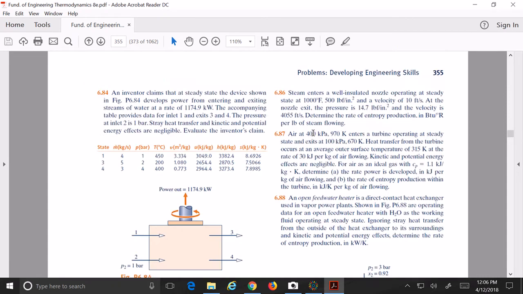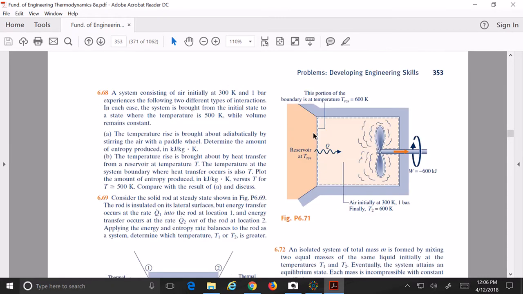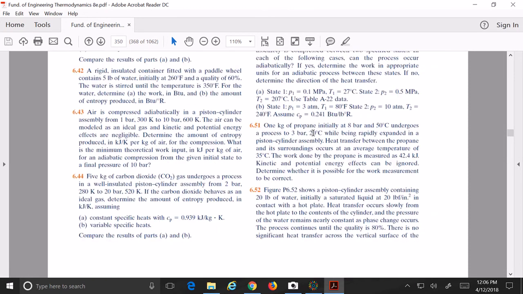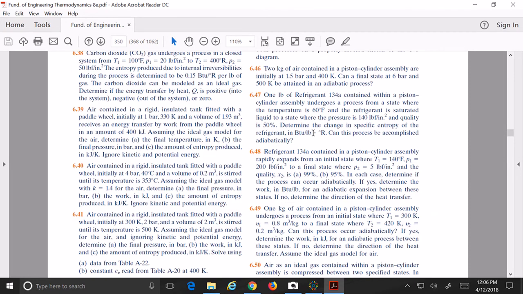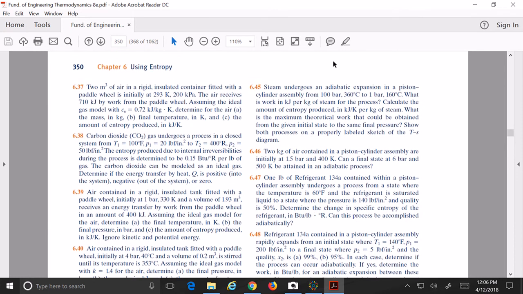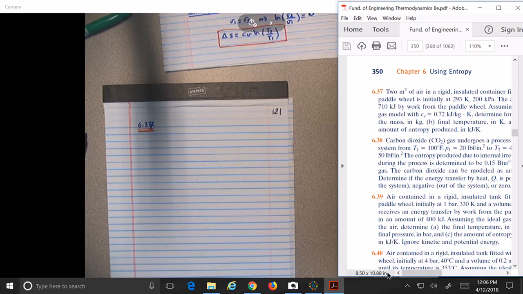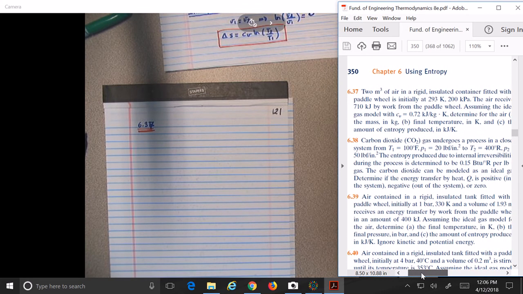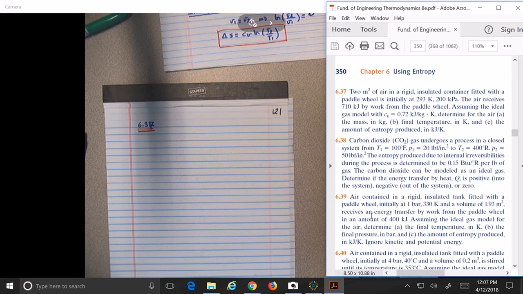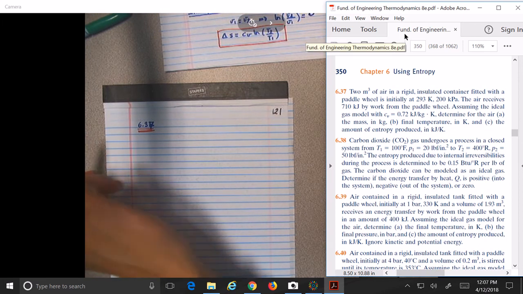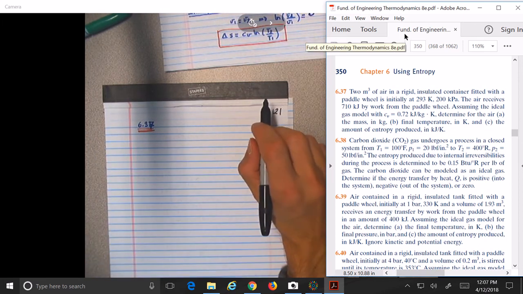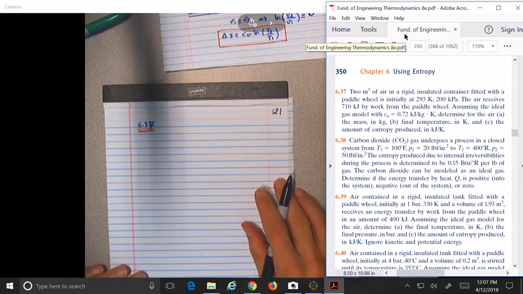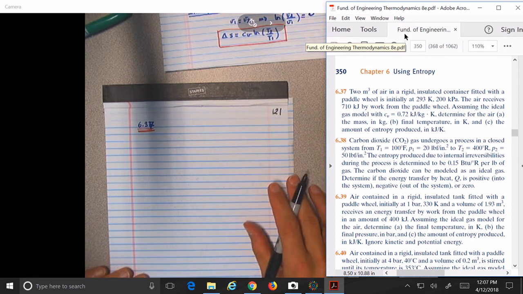Oh, wrong direction. So 637. Alright, so let's see. 2 cubic meters of air in a rigid insulated container fitted with a paddle wheel.